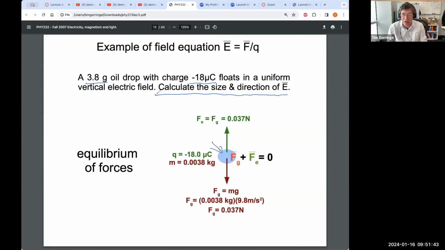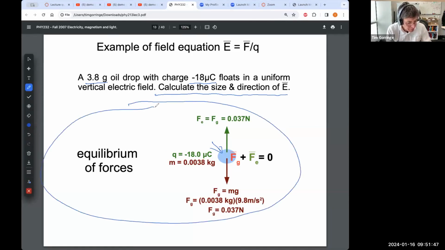Our starting point is this understanding that's pictured in the sketch, that there's an equilibrium between the gravitational force pulling the oil drop downwards towards the floor, and an electrical force that's pushing the oil drop upwards. They must be in balance.